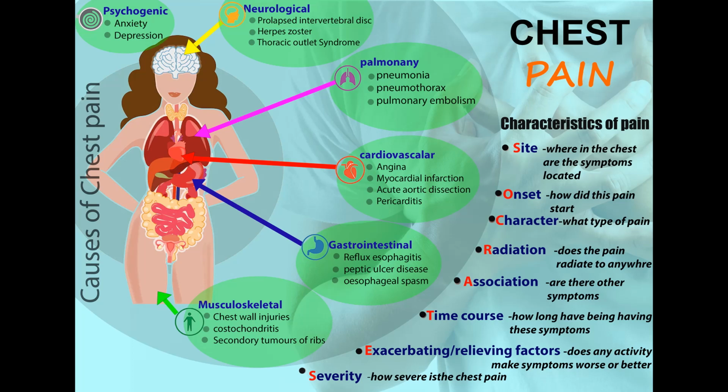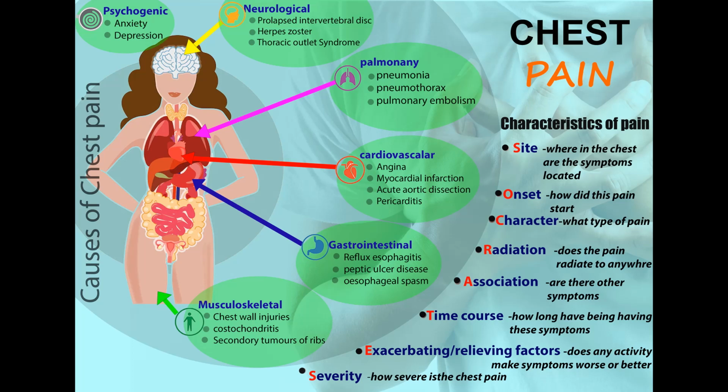A, association: are there any other symptoms? Difficulty in breathing, sweating, nausea, vomiting, cough, or faintness? T, time course: how long have you been having these symptoms? How long do they last? Do they persist or are they episodic? E, exacerbating or relieving factors: does any activity make symptoms worse or better, like exertion, coughing, deep breathing, movement of the chest, eating or drinking, change of posture?